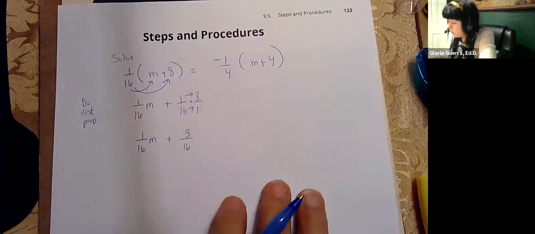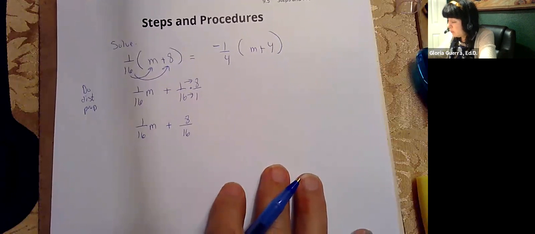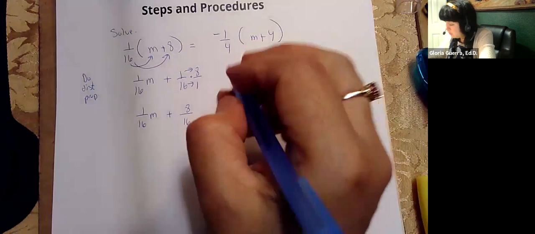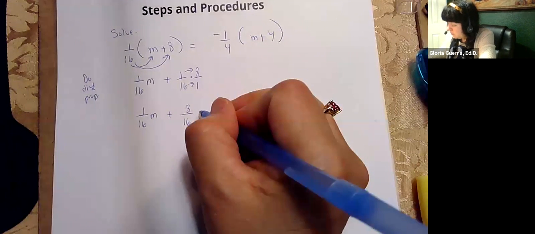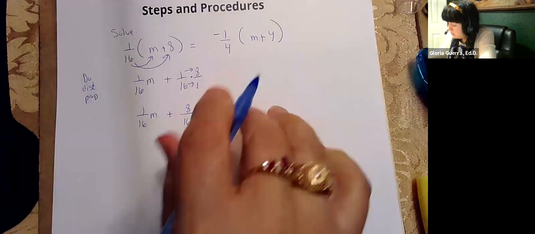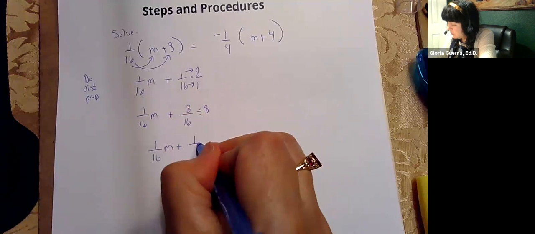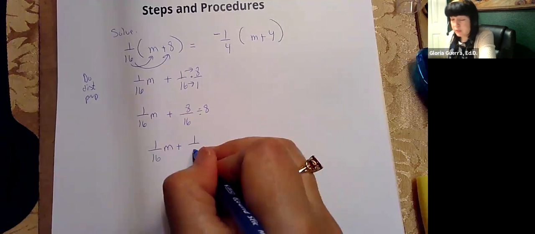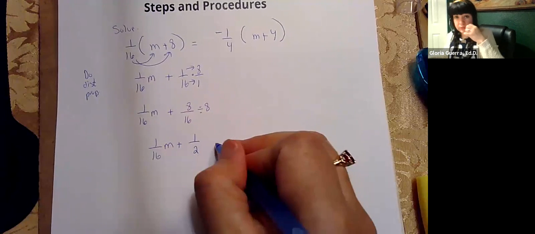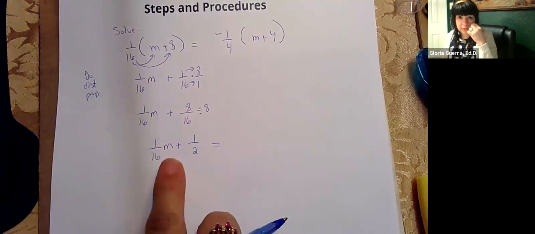Okay. And then also this can be reduced by 8. So you have 1/16 m plus 8 divided by 8 is 1, 16 divided by 8 is 2. So you're reducing them. Okay. So this is good on this side.